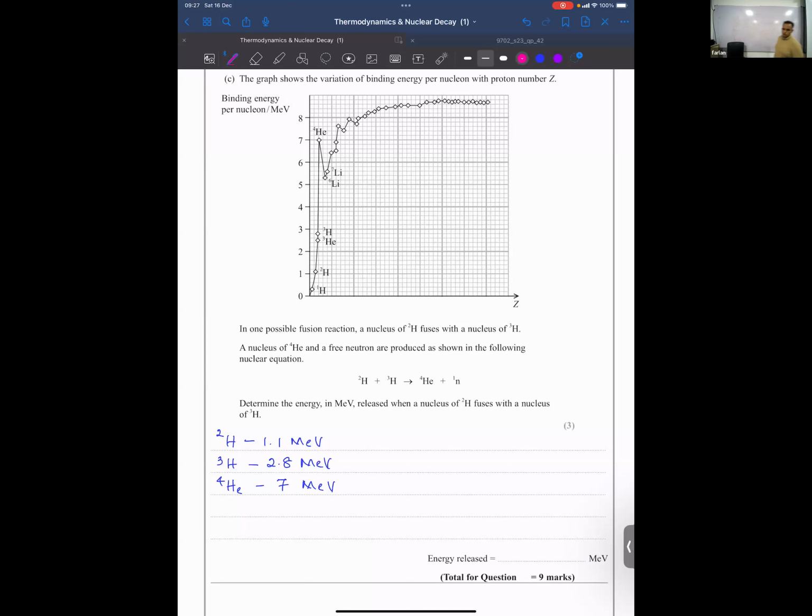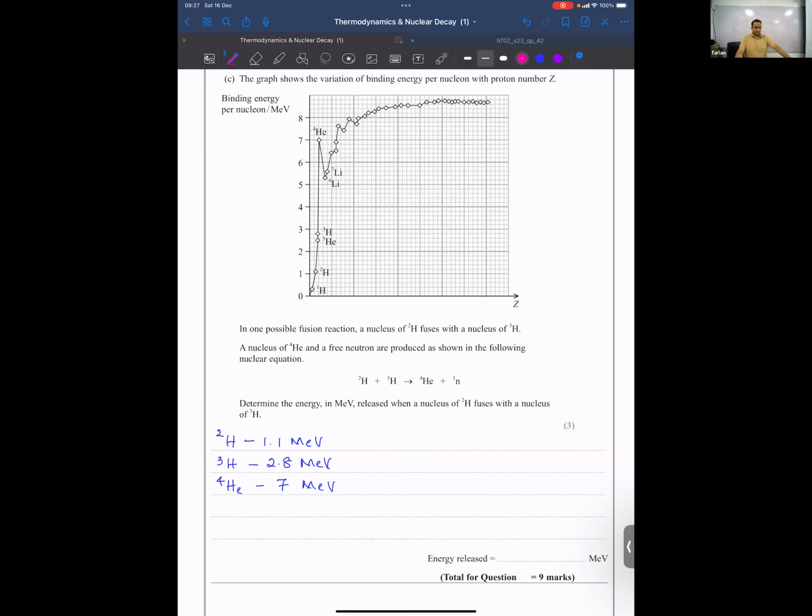Okay, listen. Guys, now in this nuclear fusion reaction, what happens is, if you take the hydrogen 2, hydrogen 2 has 2 nucleons, listen to me carefully. Hydrogen 3 has 3 nucleons. Helium 4 has 4 nucleons.